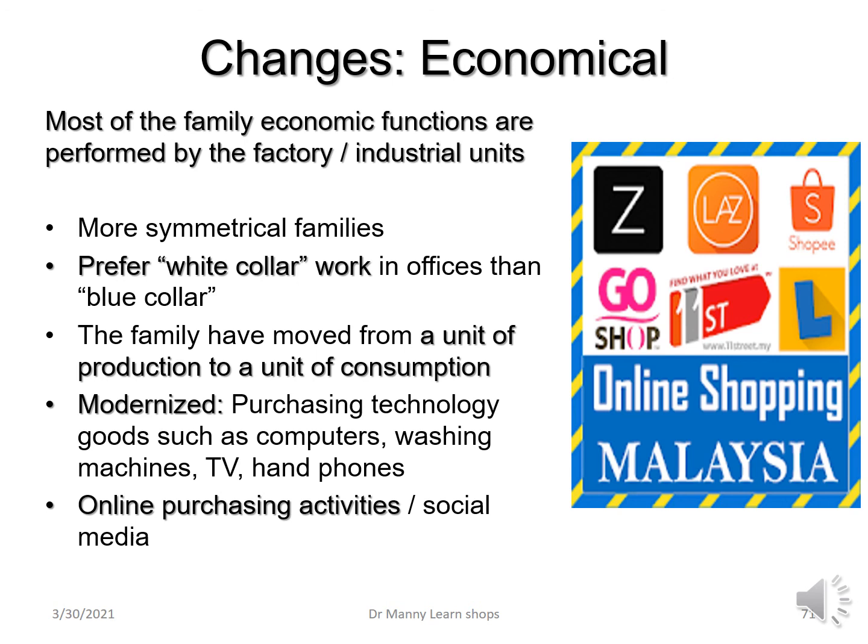In the modernised era, you've got purchasing technology, such as buying computers, washing machines, TV, handphones, technology. Online purchasing activities and social media have increased. This is especially being recommended during the COVID-19 pandemic.